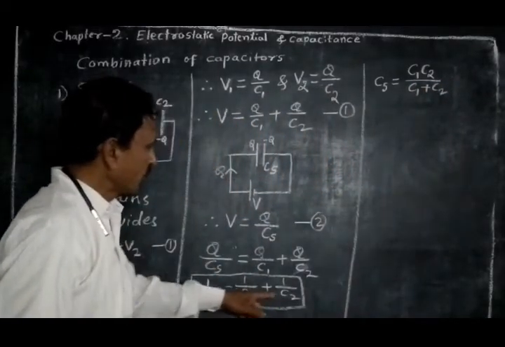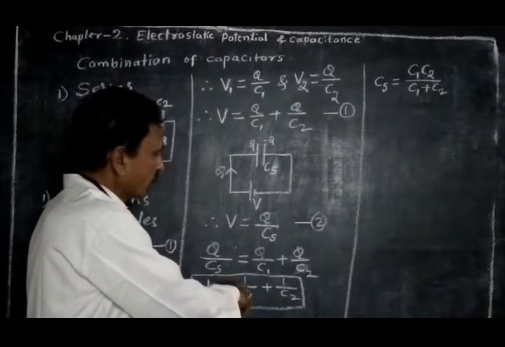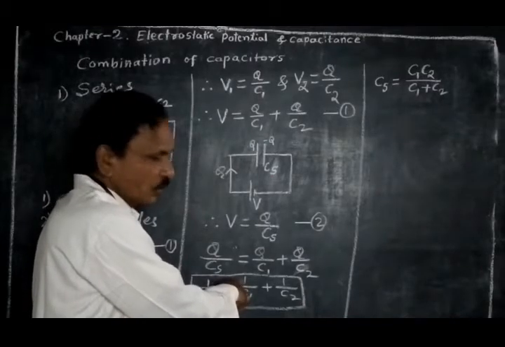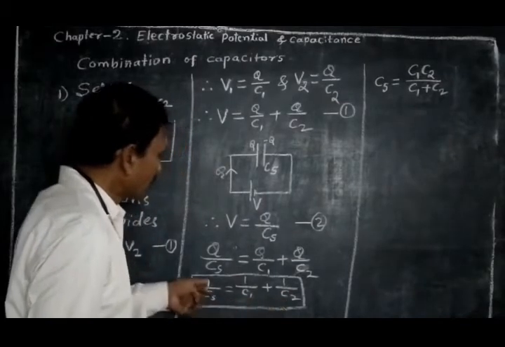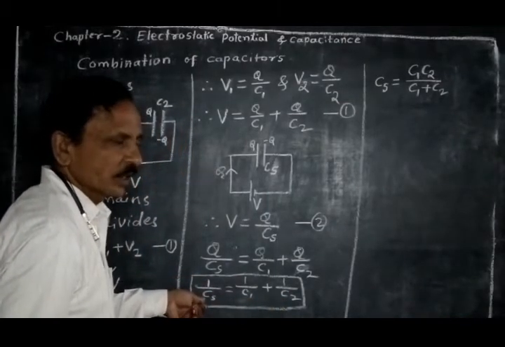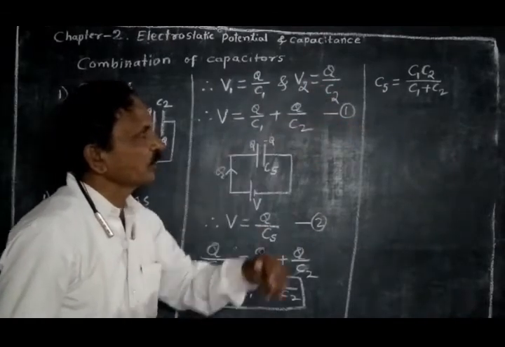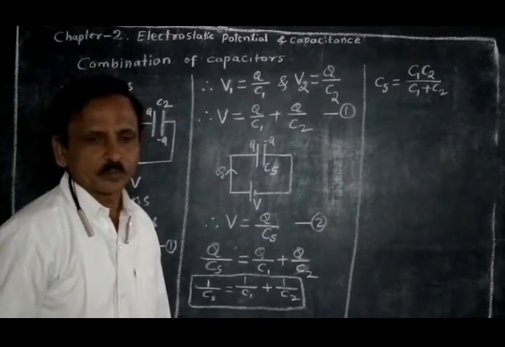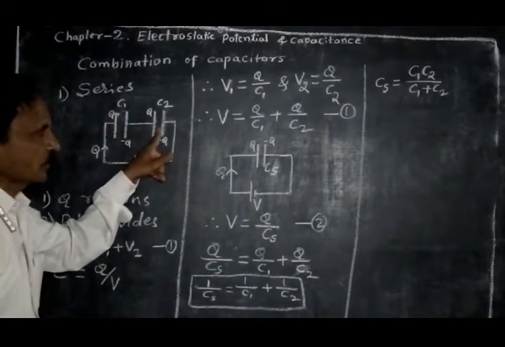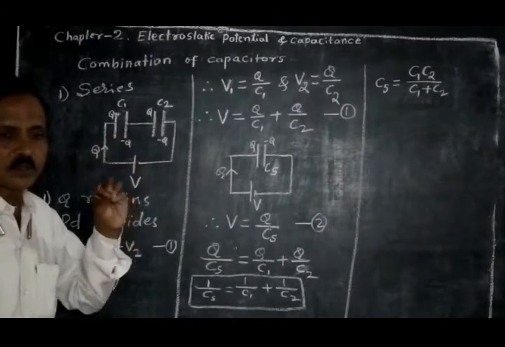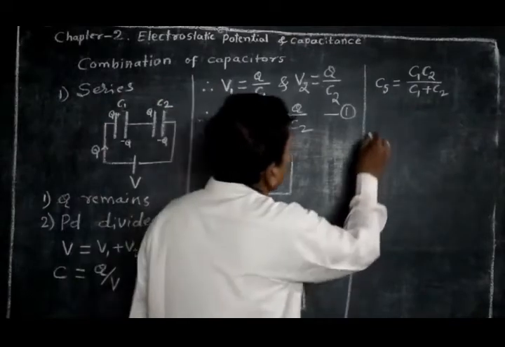Here LCM is C1 C2, and in the numerator C2 plus C1, or C1 plus C2, divided by C1 C2, that is equal to 1 by Cs, and reciprocal of it is Cs equal to C1 C2 upon C1 plus C2. Clear?